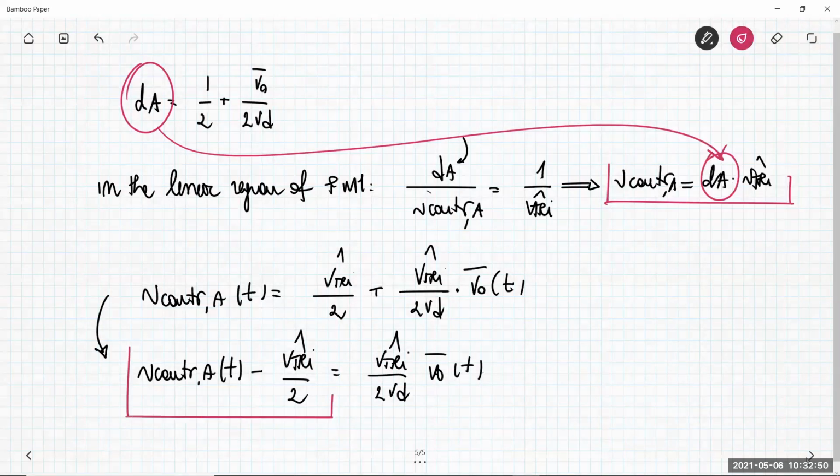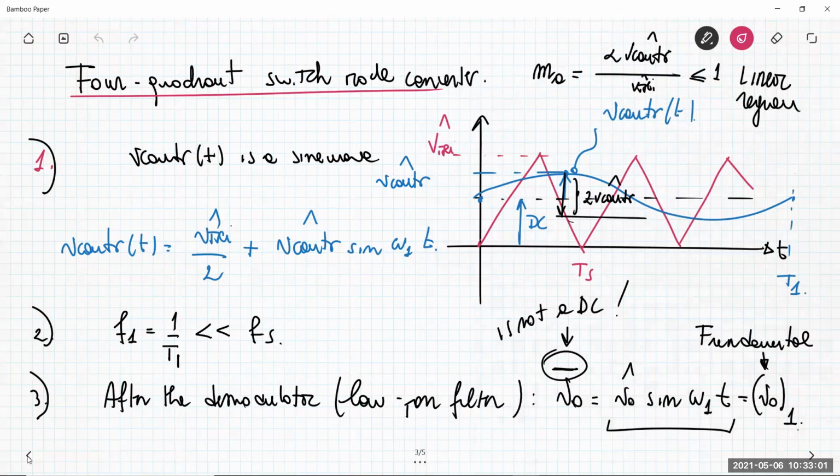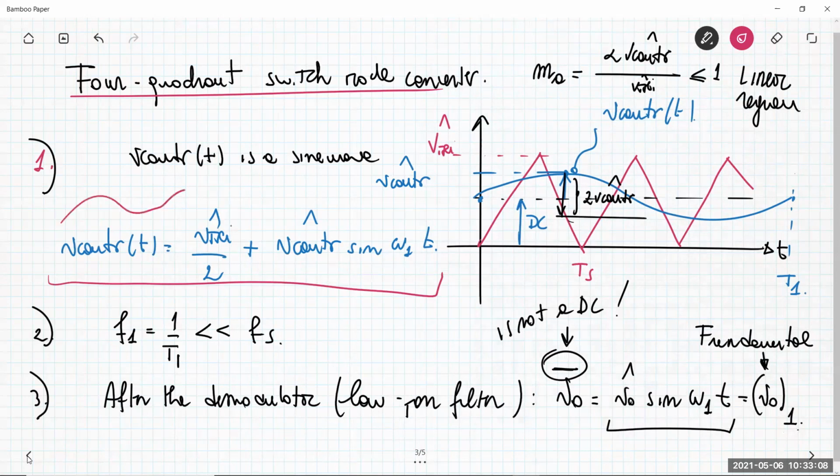This is the total control voltage subtracted by half the triangular peak value. If I subtract from the total control voltage half the triangular value, which is the DC quantity, I just have this part here, which is the AC contribution of the control voltage.